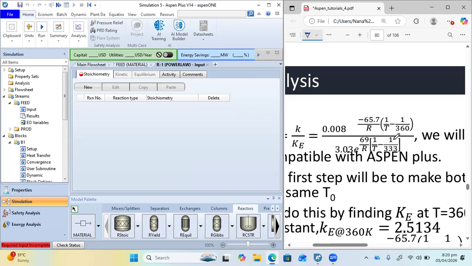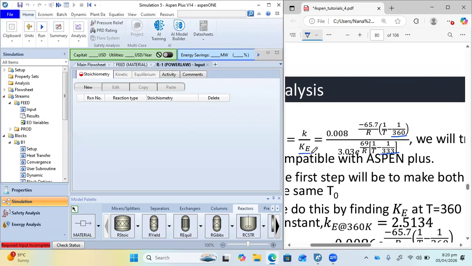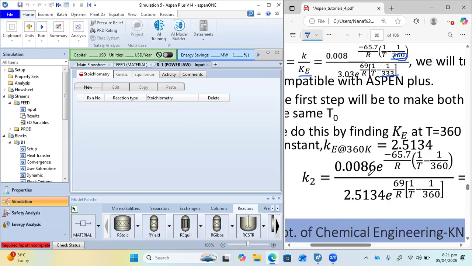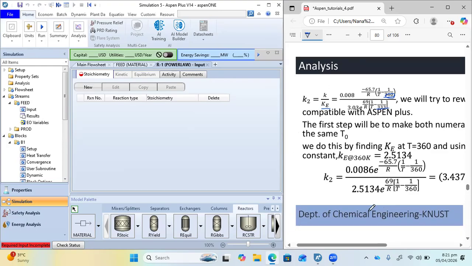Now the problem with this is we have two T naught values. We have 360 and 333 because we did their specifications at different temperatures. So in order to make everything consistent, what they did was that they found an expression for Ke also at 360. So you can put in a temperature of 360, use it to find what Ke will be there, and then find a new expression for the Ke, right? And that's what we see over here.